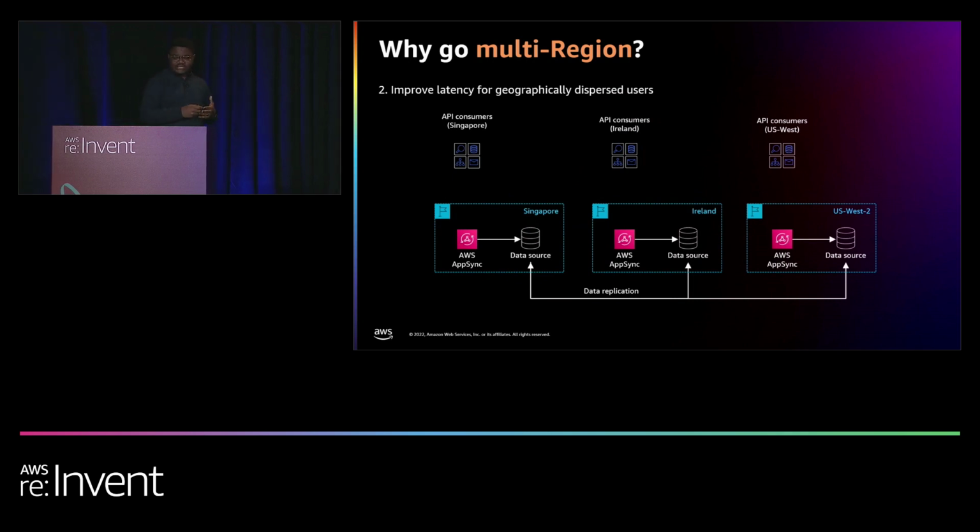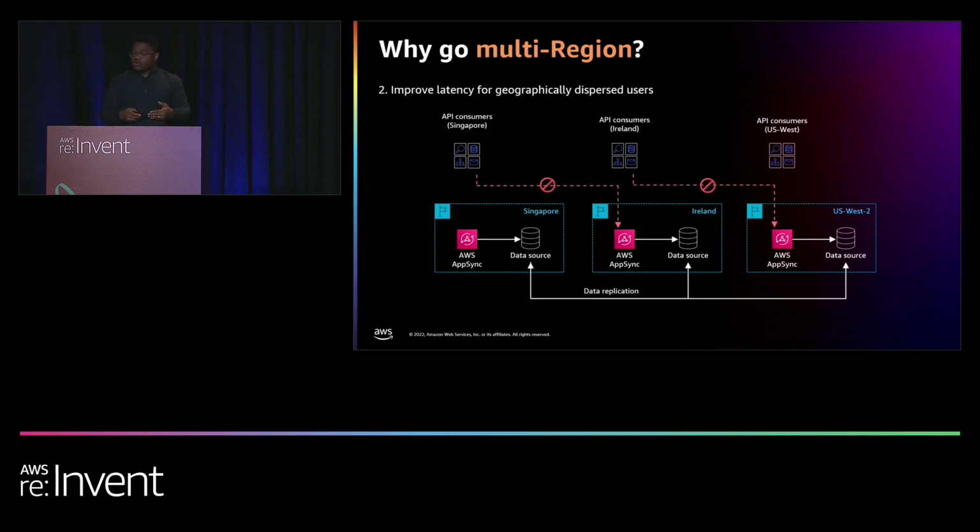The second use case we are seeing is for customers that need to improve latency for geographically dispersed users. So think about if you have an API, ideally you want client GraphQL requests to be fulfilled by the AppSync endpoint closest to them without having to route to another region that might be far away and can potentially introduce some latency there as well.